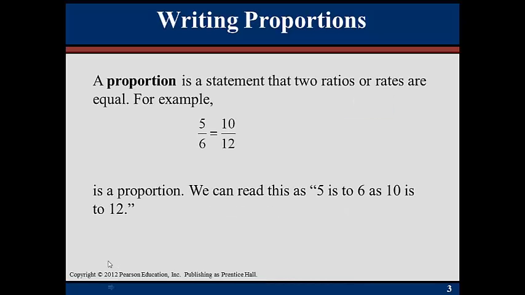A proportion is a statement that two ratios or rates are equal. For example, we can say 5 is to 6 as 10 is to 12. The "is to" is represented with the fraction bar, so 5 is to 6 is the same as saying 5 over 6.